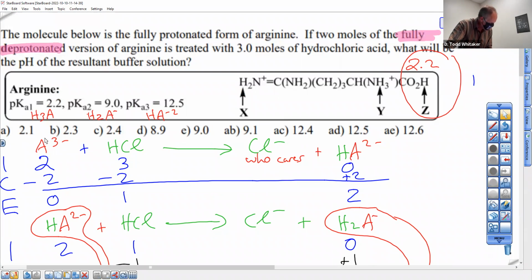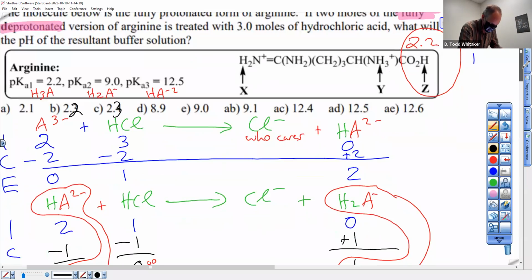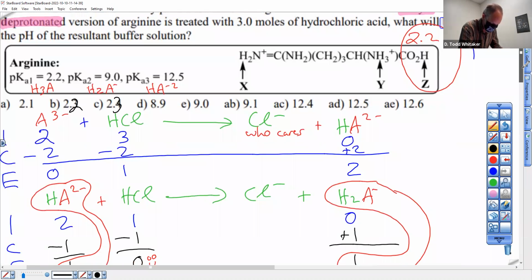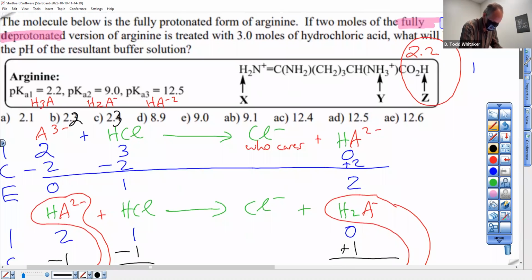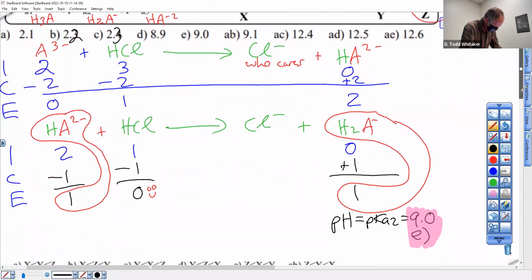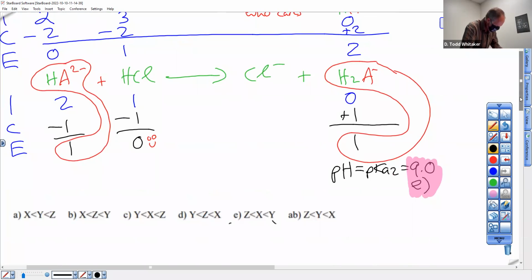Yeah, we got the same typo here too. So most acidic should be at the end. Increasing acidity, right? Z should be at the end. So we're down to A or C, correct?